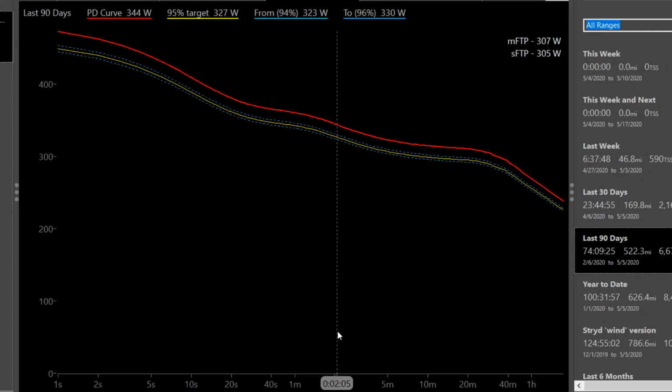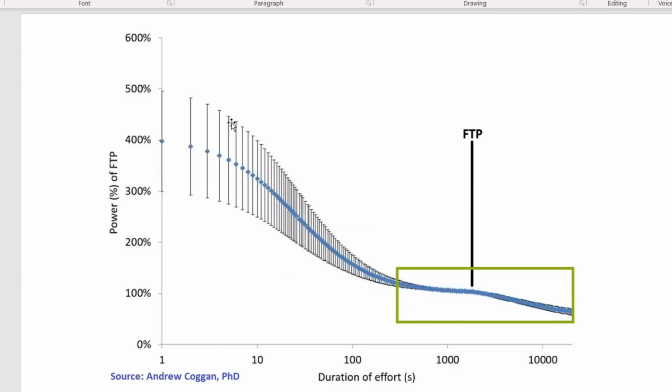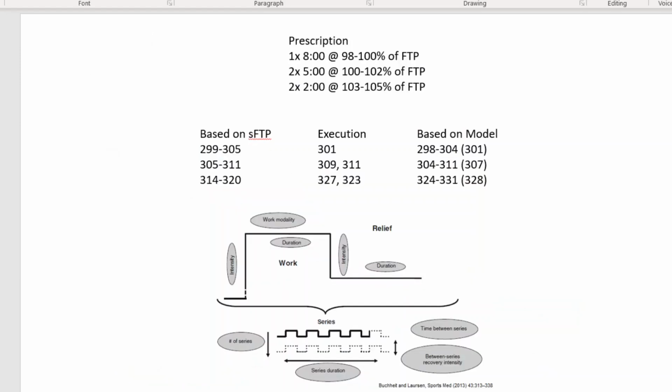All right, so let's go back and see how this compares. The model that I just went through is basing on the model and not just a percentage of FTP. It's going off of the model, not just anchored to one point. It's based on whatever the model happens to be.